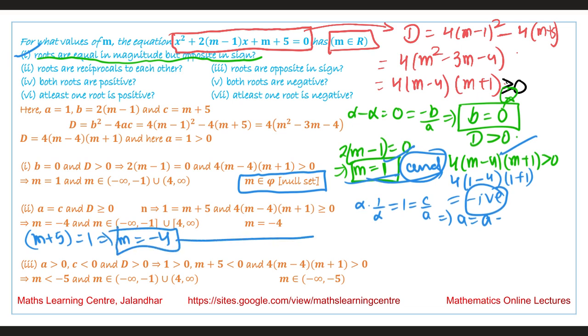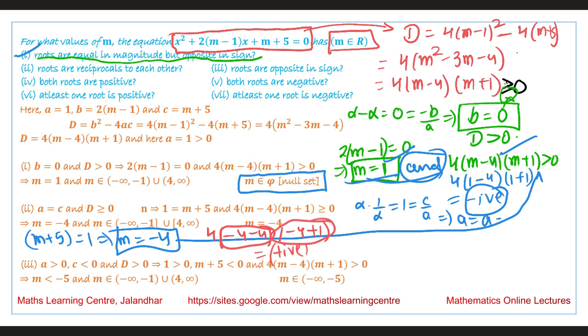And if we substitute m equal to minus 4 in the equation of the discriminant, it is 4 into (minus 4 minus 4) into (minus 4 plus 1). The answer we obtain over here is a positive number. This term will be negative, that term will be negative, and negative into negative will be positive.